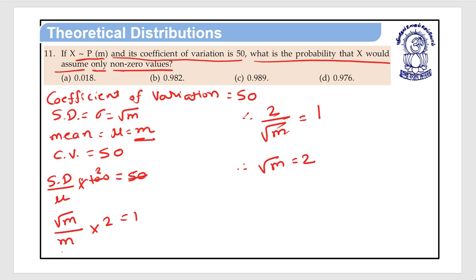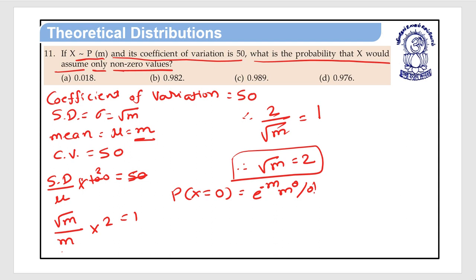And P of X equal to 0 is e raised to minus m, m raised to 0, by 0 factorial.